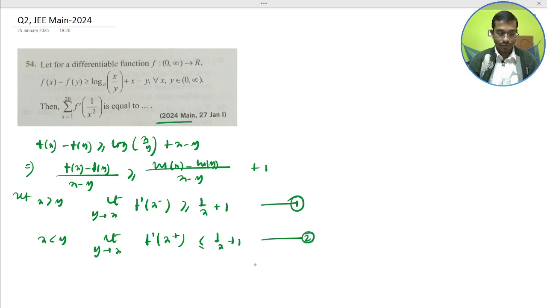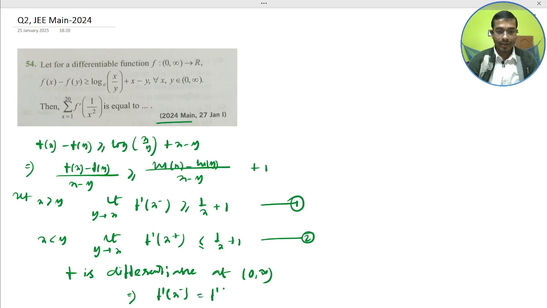This is equation number 2. And here it is given that f is differentiable on (0, infinity). So that implies that f dash x minus is equal to f dash x plus.